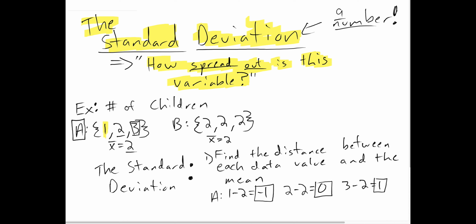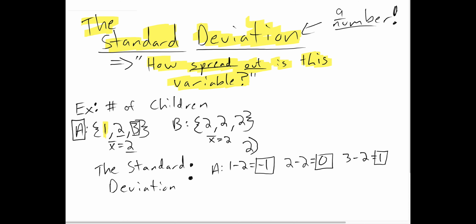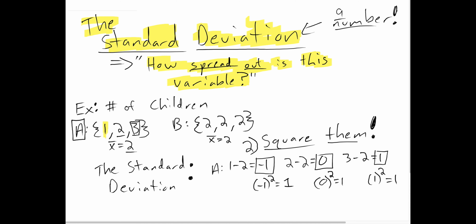That is step 1. Step 2 is going to be to square them, multiply them by themselves. The reason we're squaring them is because we're really interested in how far each data point was from the mean, which is a distance, and distances need to be positive.